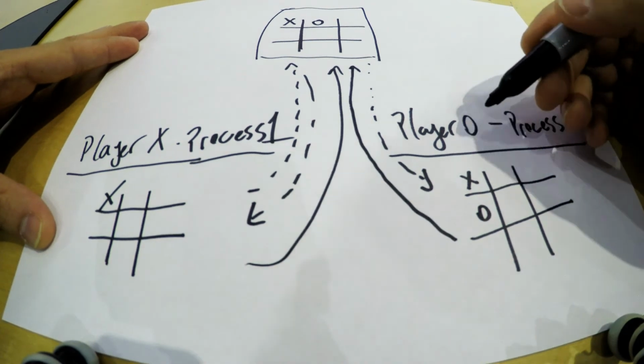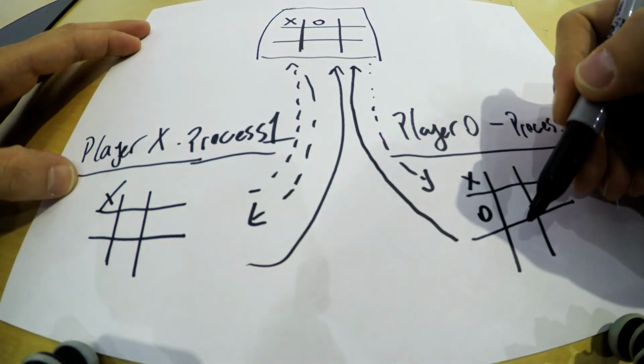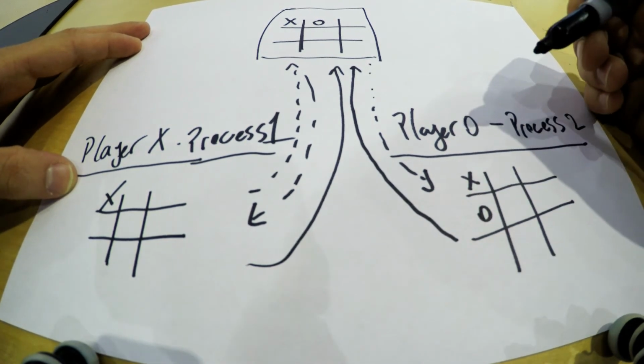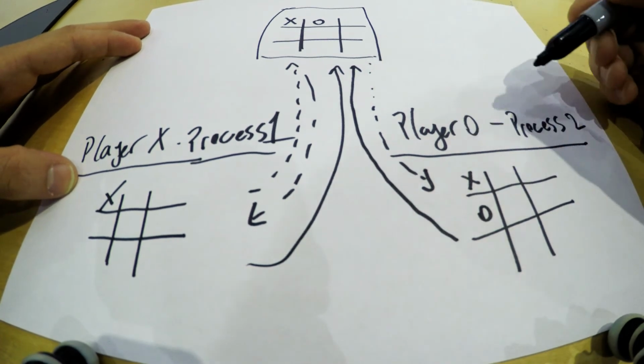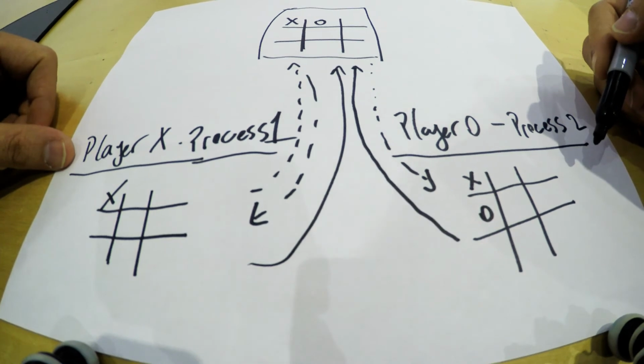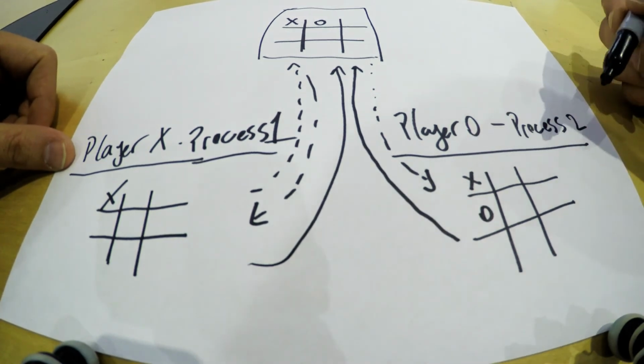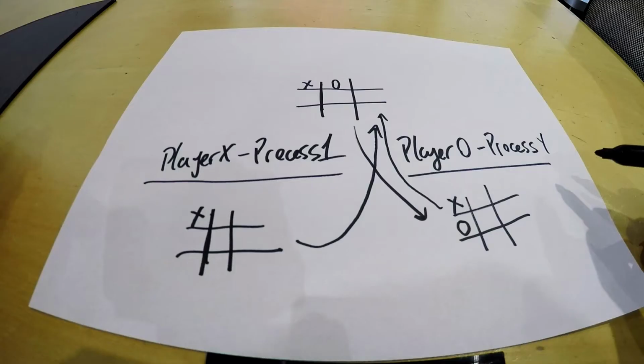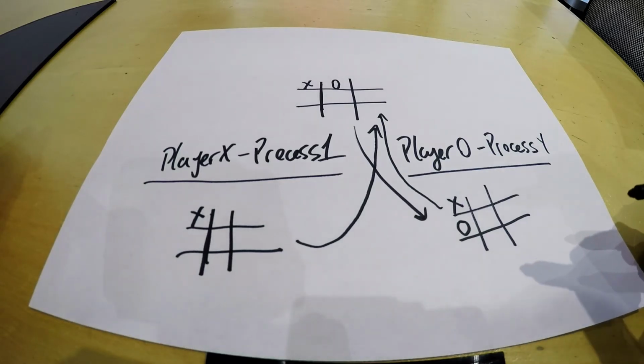And during the time player O is putting that O, player X cannot update the table. So while process 2 is working, process 1 can't make a change on it. While process 1 is working, process 2 can't make a change on it. So in the broader aspect, atomic instructions are aimed at synchronizing processes.